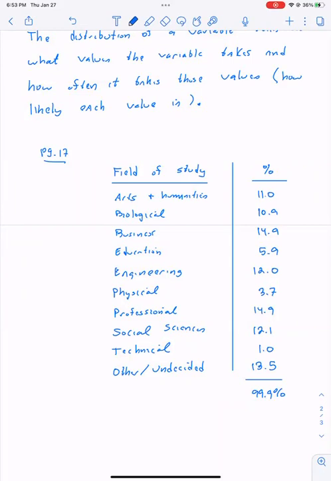I always get the answer, oh, it's others, it's the people who didn't answer. But no, we already have those. This is everyone. We're not missing 0.1% of our answers. These are all of the answers. So why is this not adding up to 100%?